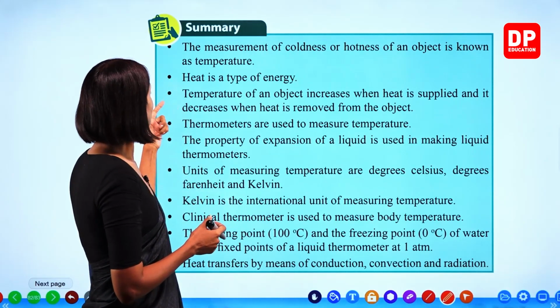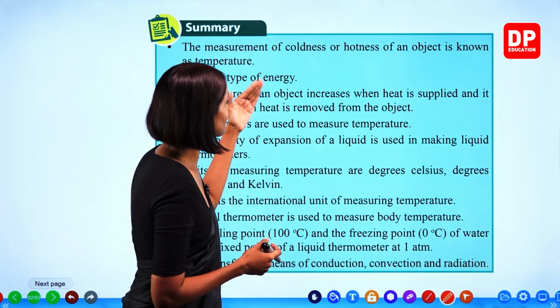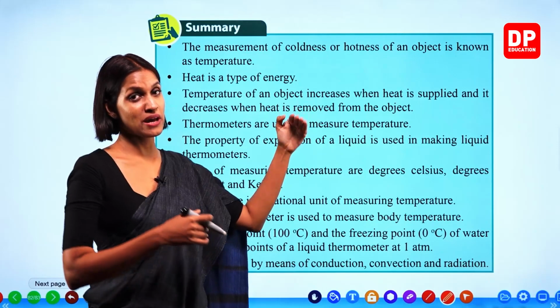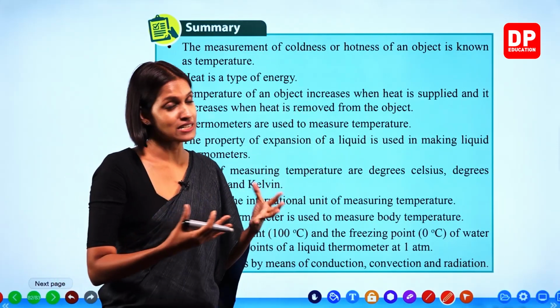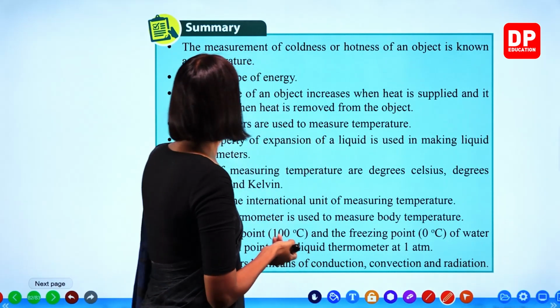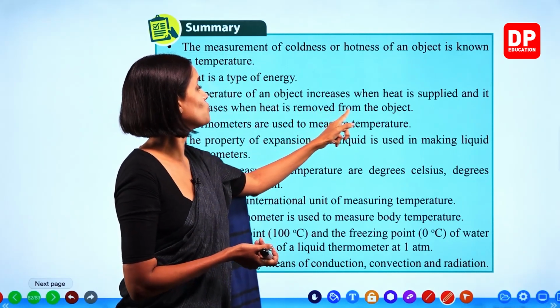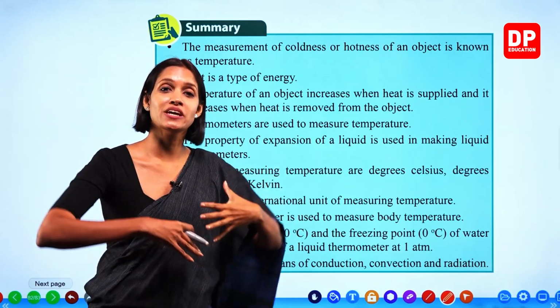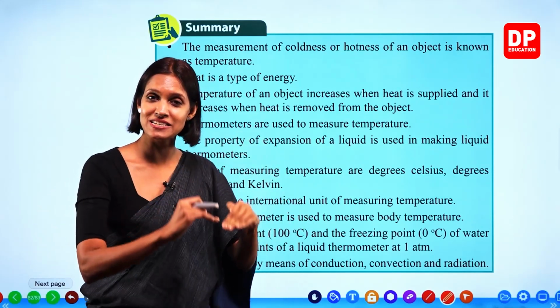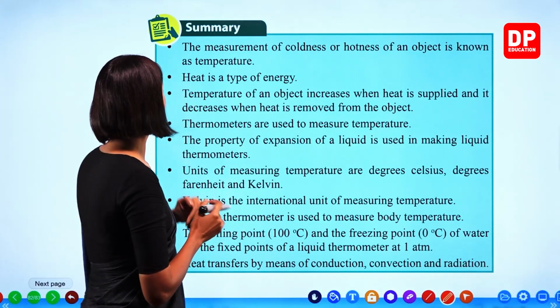Temperature of an object increases when heat is supplied. By absorbing heat, temperature of the object increases. And it decreases when heat is removed from the object. When the object releases heat, the temperature decreases, right?